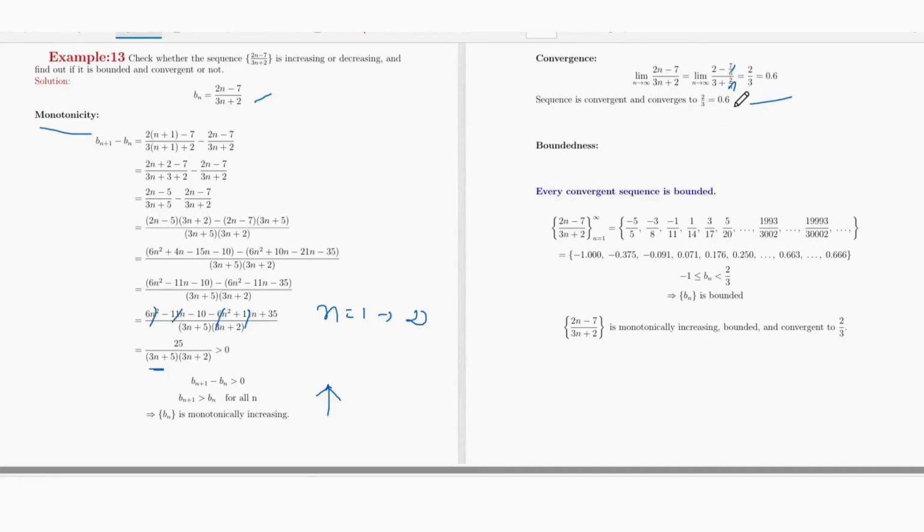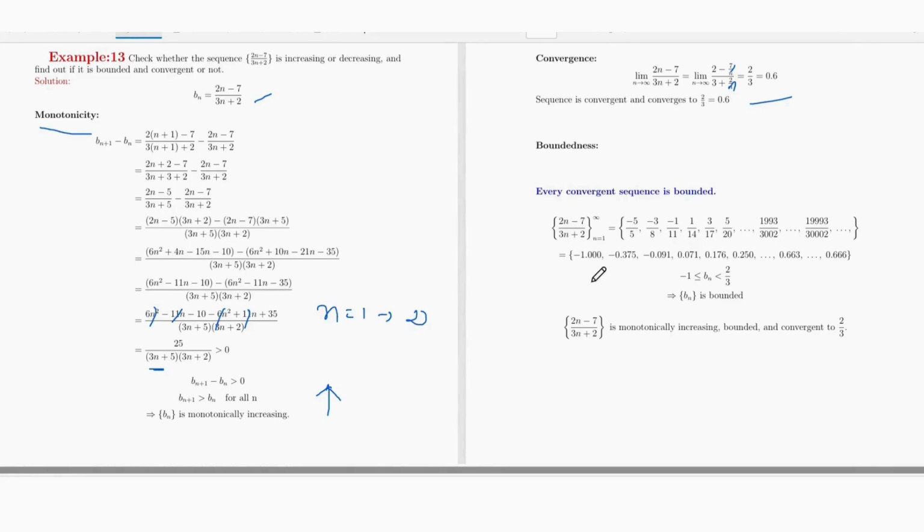But now let's check what the lower bound and upper bound of the given sequence are. So in the given sequence, put the values of n: n equal to 1 is the first term, n equal to 2 the second term, n equal to 3 the third term, n equal to 4 and so on. Now find the values.